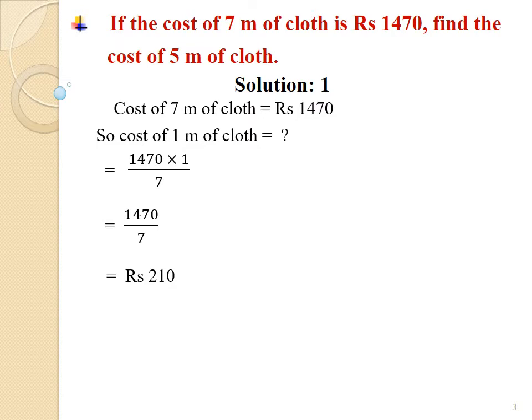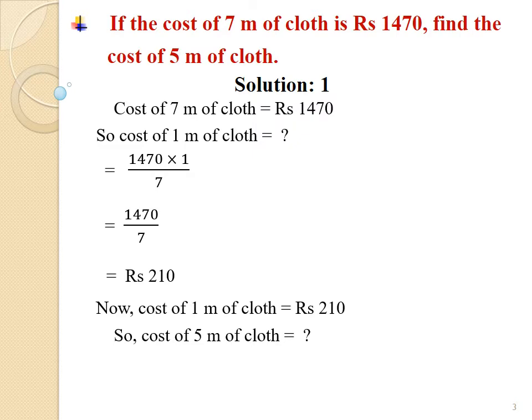Now let us find the cost of 5 meter of cloth. Cost of 1 meter of cloth is equals to rupees 210. So cost of 5 meter of cloth equals to how much? By cross multiplying, we get 210 multiplied by 5 upon 1.